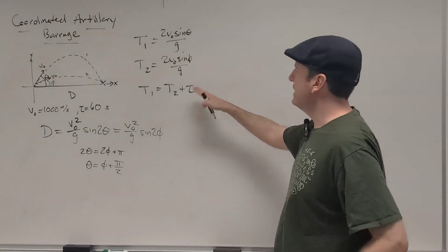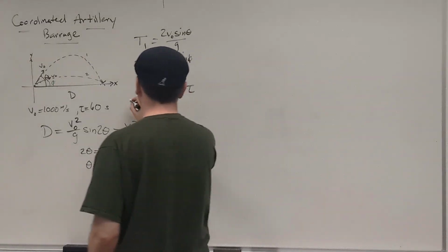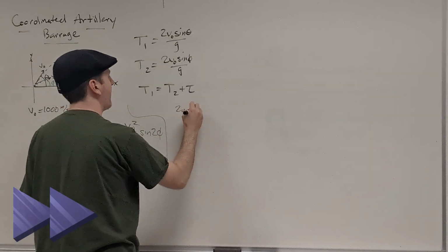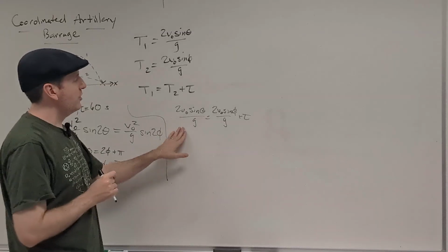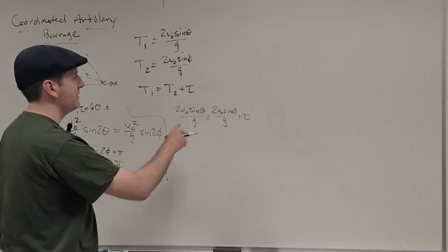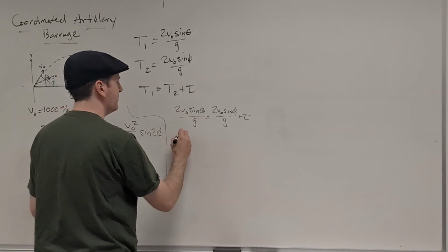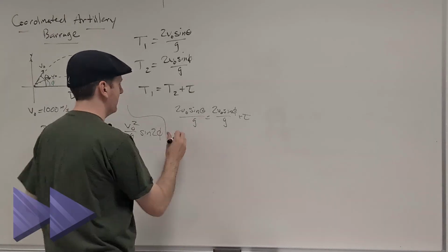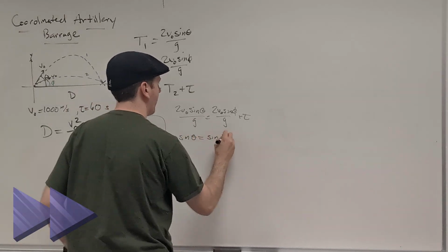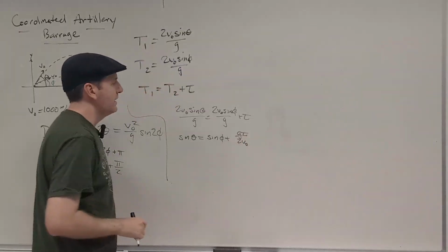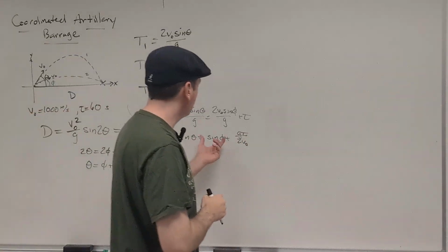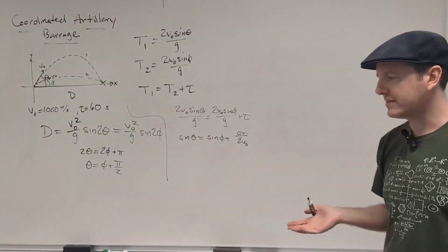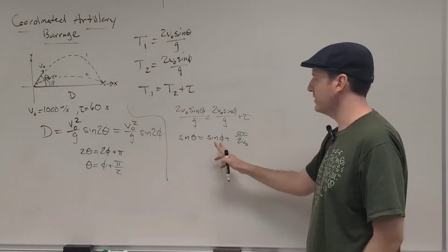Okay, so let's plug those in and simplify a little bit. I'll go ahead and simplify this by multiplying both sides by g, divided by the 2v naught. Notice that since theta and phi are complementary, I know that the sine of phi is the same thing as the cosine of theta, so I can replace that here.